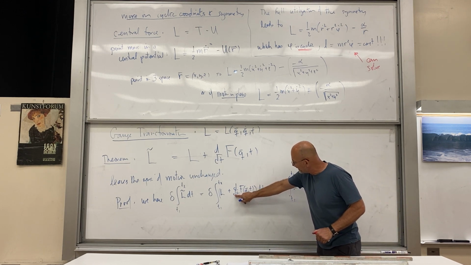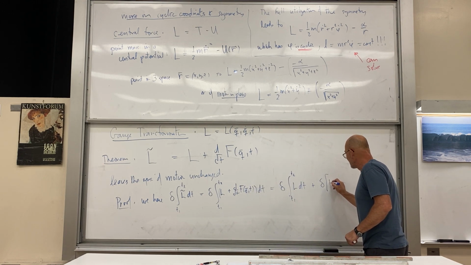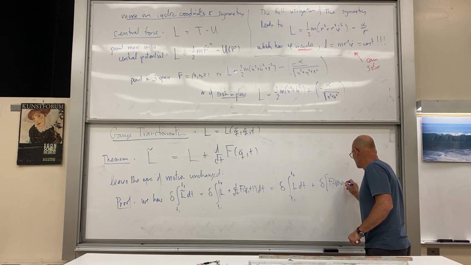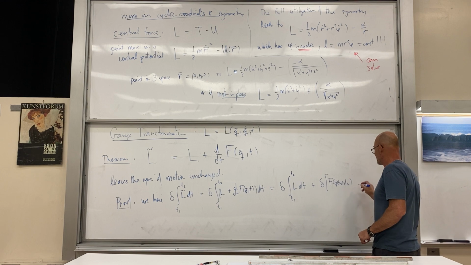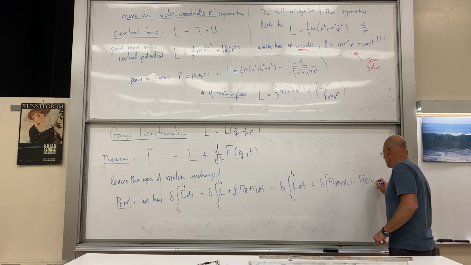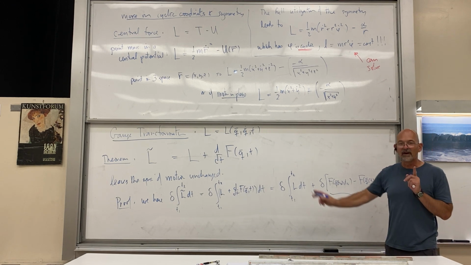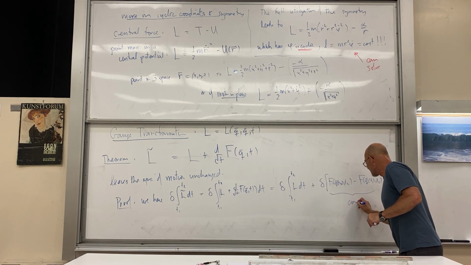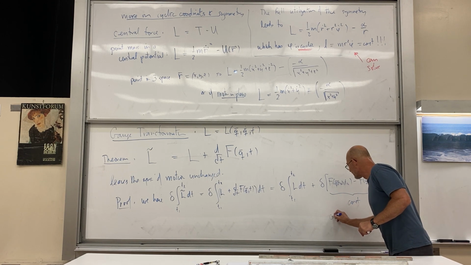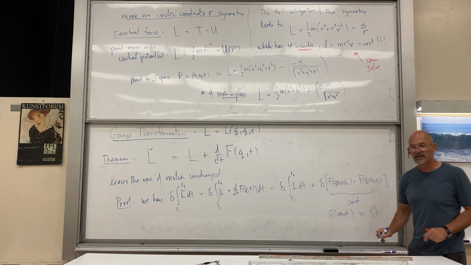Now if we integrate this with respect to time and fixed boundaries, we have f of q at t2 minus f of q at t1, square bracket. And at the level of the variational principle, this is just a constant here, and therefore the variation of a constant is trivially zero.